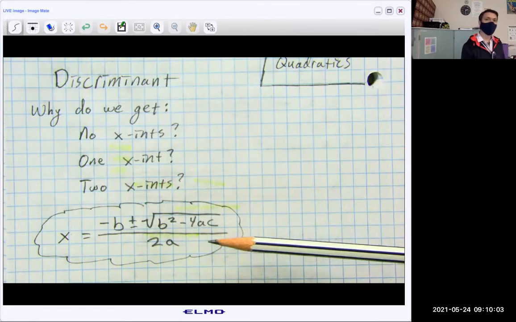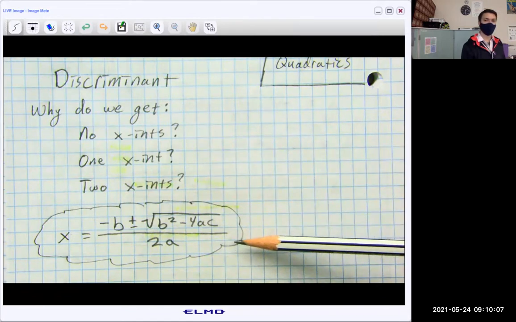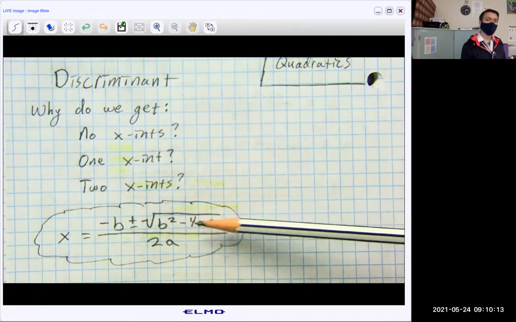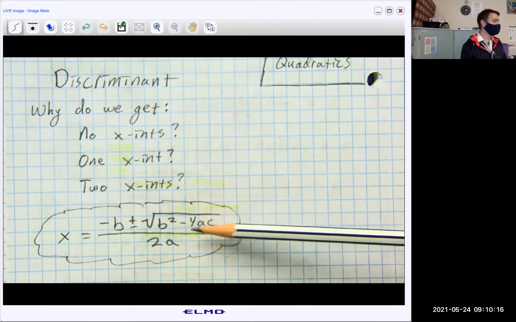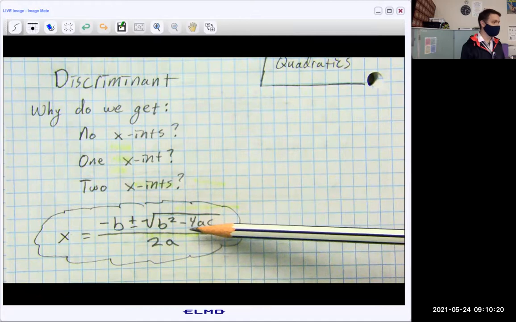Now, why do we get no x-intercepts from this equation? The reason has to do with the square root. If it tells you to take the square root of a negative, you're going to get no answer, no x-intercept.